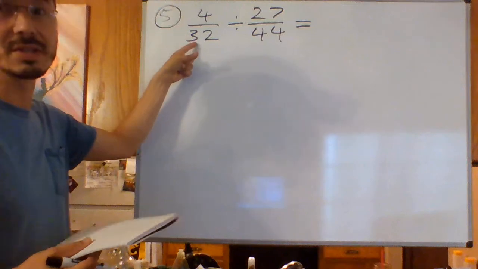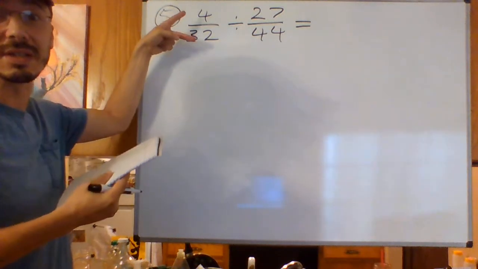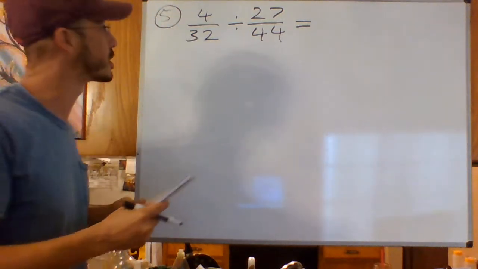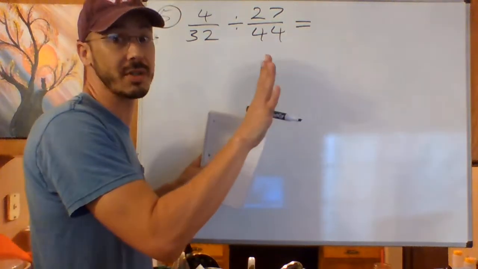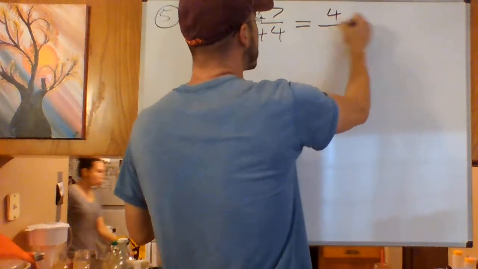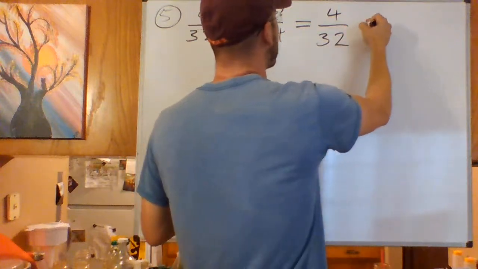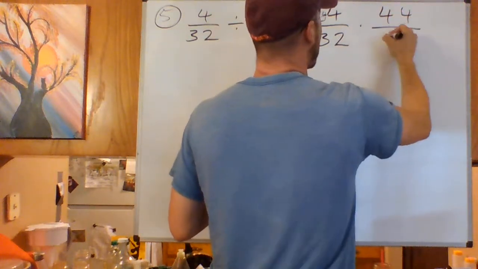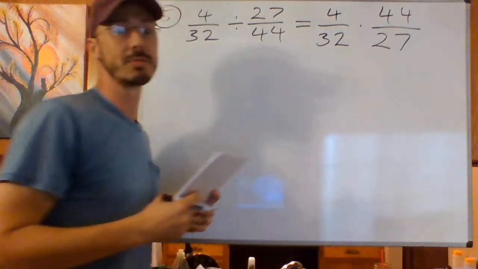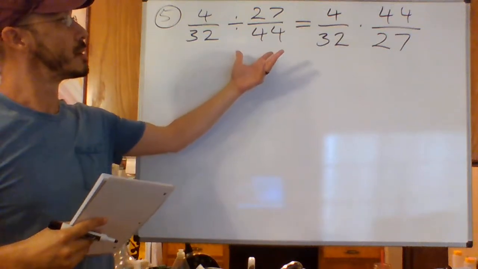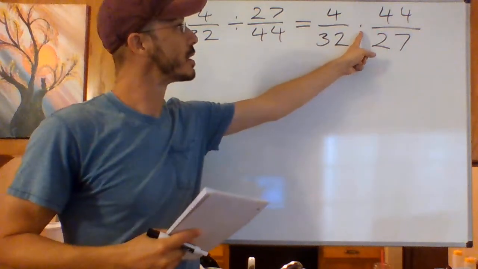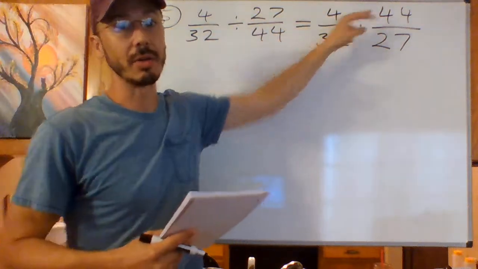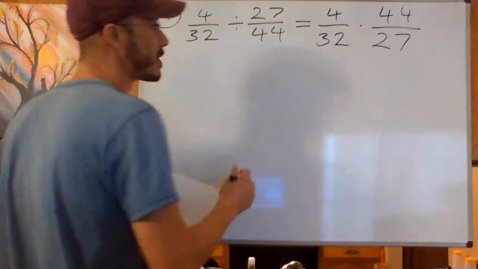I know 32 doesn't divide evenly into 4, but there is a common factor that we can cancel here. First, though, I'm going to change this division problem into a multiplication problem by multiplying by the reciprocal of the fraction we're dividing by.